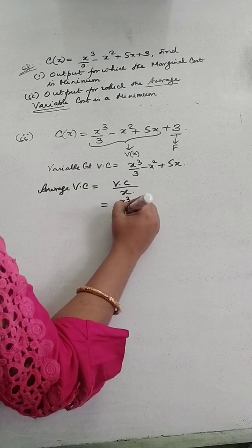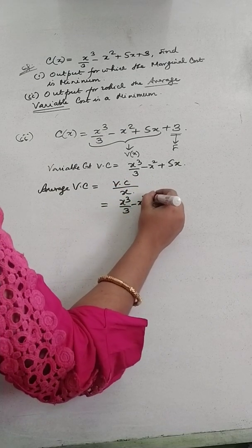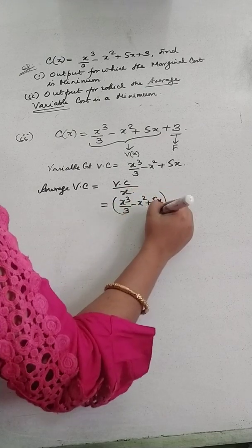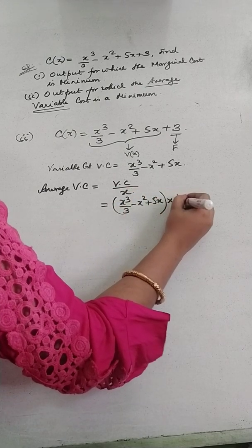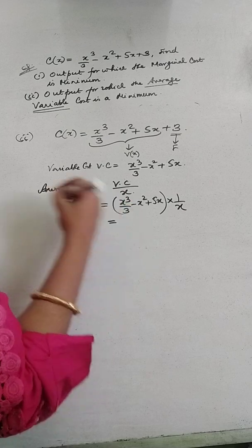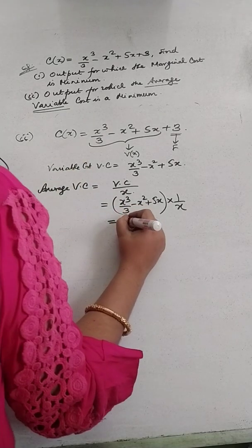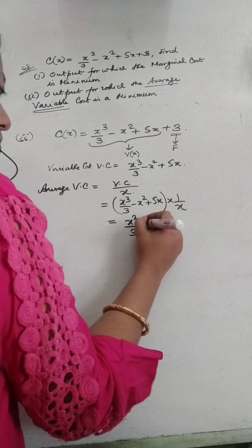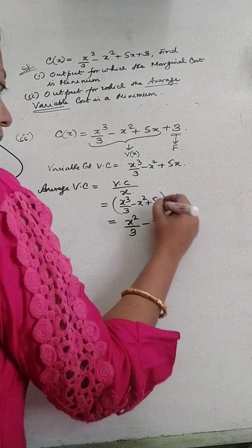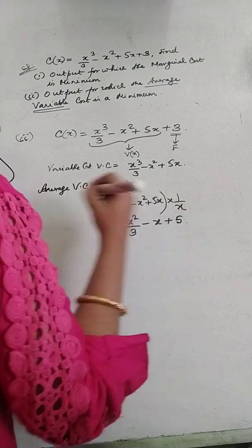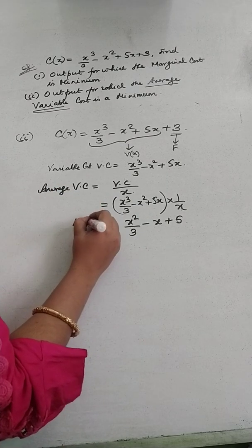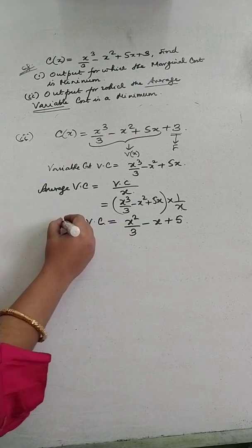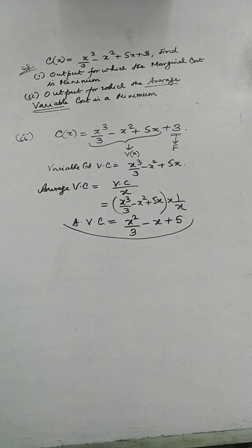So it's x cubed by 3 minus x squared plus 5x, the whole divided by x, that means into 1 by x. So term by term we will multiply, and this is going to become x squared by 3. This into this is going to make it x. This into this is going to reduce to 5. So this is your AVC, average variable cost.